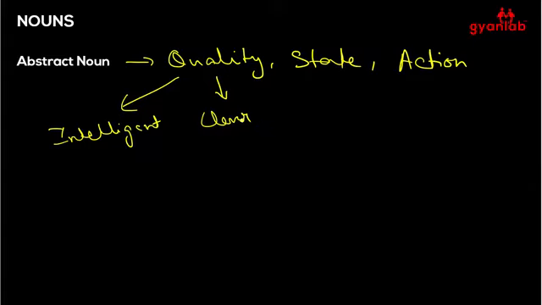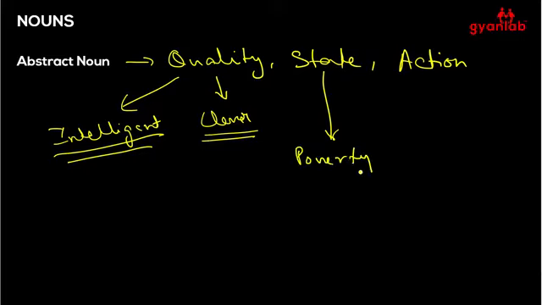Words like this are a quality of a human being, so they're abstract nouns. State of being: for example, poverty is a state of being, right? So poverty is an abstract noun. Action can be anything.